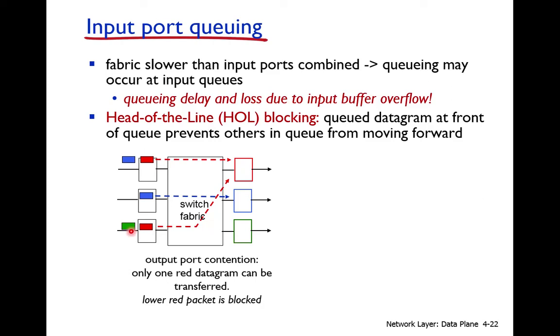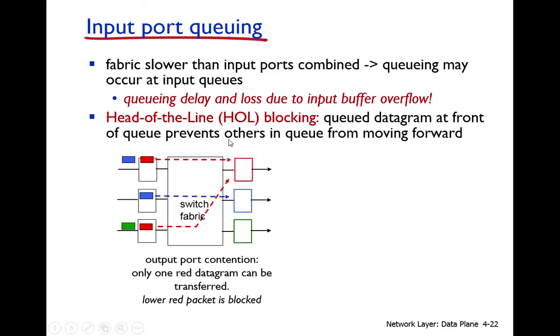This is called head of line blocking. Although this packet can be transmitted, the output port is free, and it is not conflicting with other transmissions, this packet cannot be transmitted because it is waiting in the queue behind the red packet, which must wait because another packet is already being transmitted to the red output port. This is called head of the line blocking.